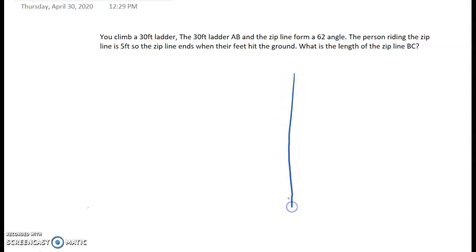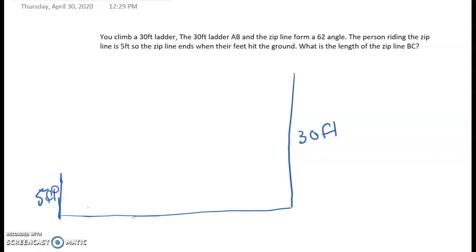So, 30-foot ladder. Now, this is representing the person.